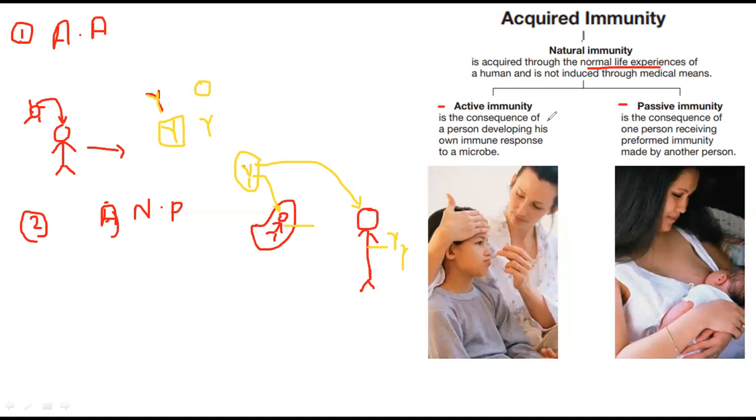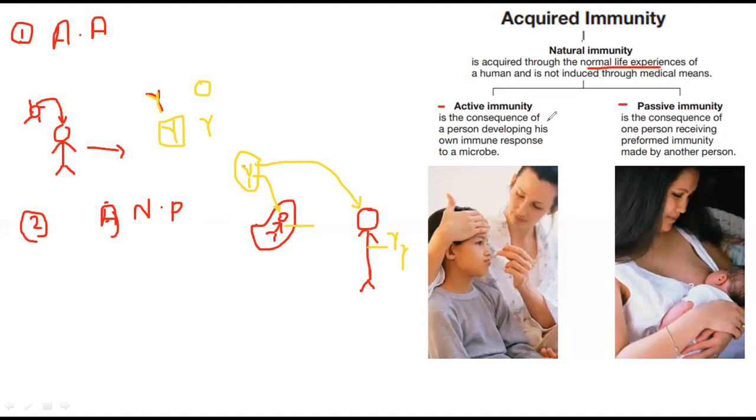Why is it known as passive immunity? Because it is manufactured by the mother and then transferred to the baby. The baby has not actively responded to the pathogen by himself.